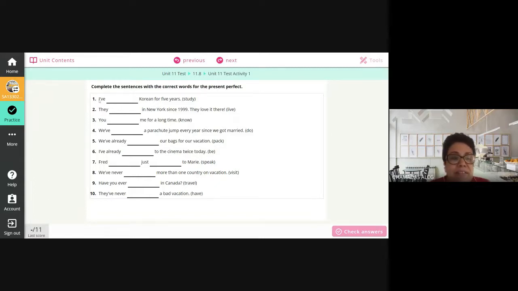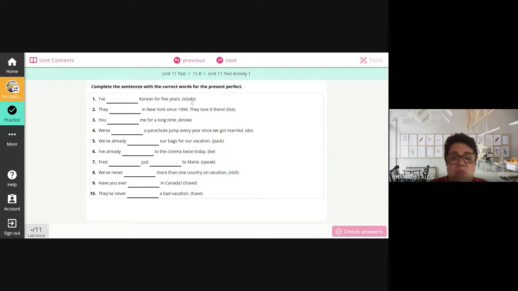So let's see here. Number 1, I've. The auxiliary is here already, right? Look, it's contracted. So now we only have to use the main verb. The main verb here is the verb to study.